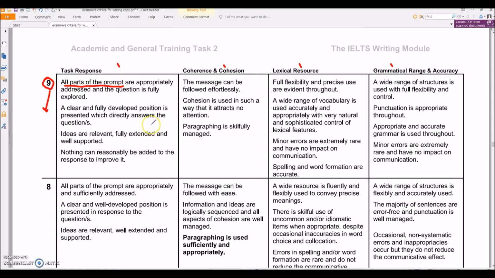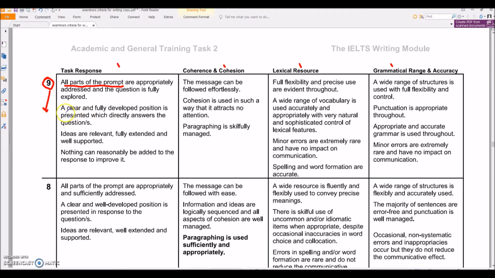You have to analyze the keywords. We'll take a look at some examples in a second, but you basically have to make sure that, as every essay says, write at least 250 words and give reasons and examples based on your knowledge and/or experience. So that's what you have to basically do.